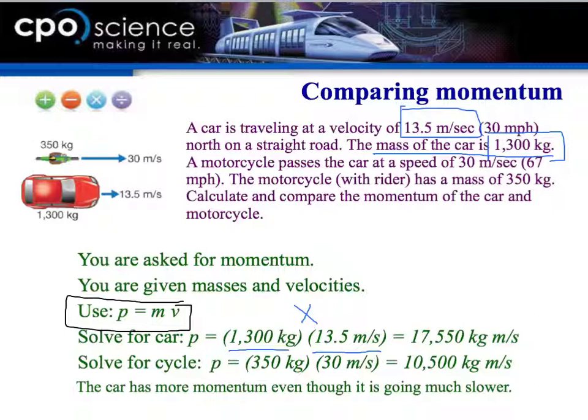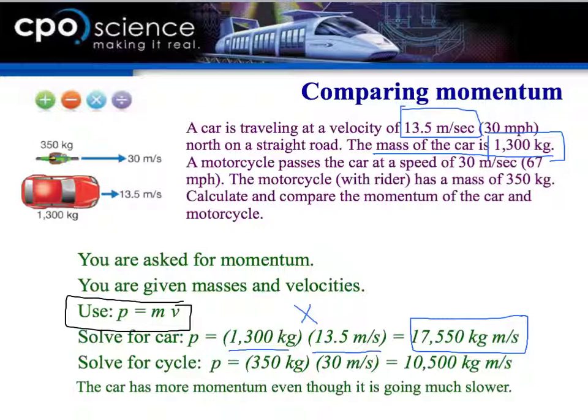When you put that into your calculator, you should get 17,550 kilogram meters per second. That is the unit for momentum. It sounds pretty weird, kilogram meters per second.